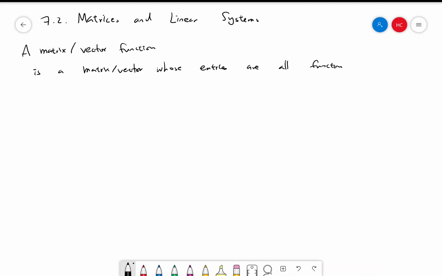So it's not a difficult concept, and if you want to take a derivative of a matrix or a vector function, all you need to do is to take the derivative of every single entry. So we take the entry-wise derivative.